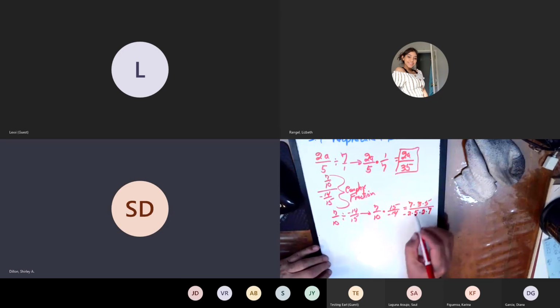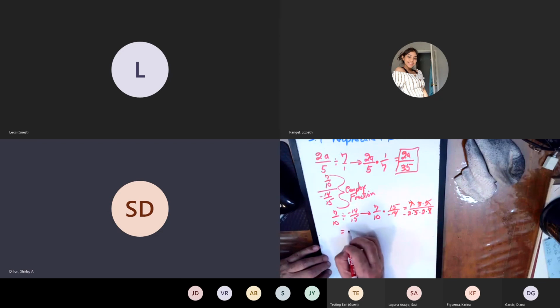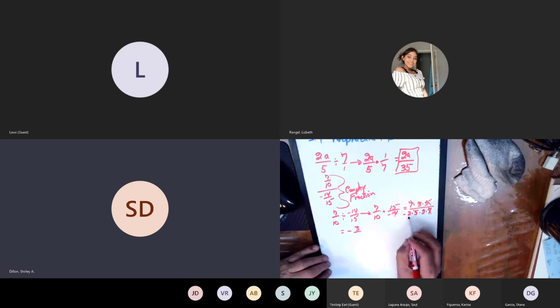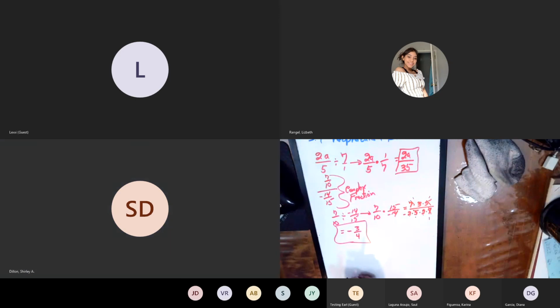What reduces out here? 5 reduces out, 7 reduces out, and I'm left with a 3 and a 2 times 2, so negative 3/4. The negative can go top, bottom, or wherever.